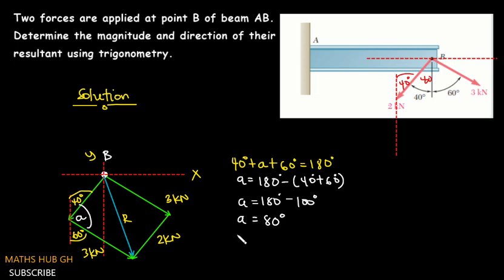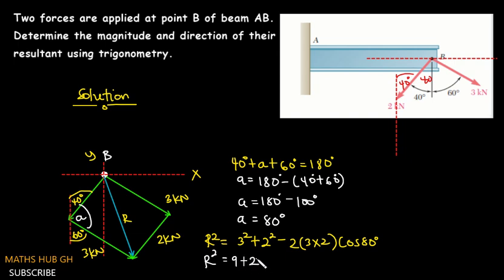From the cosine rule, the resultant force R squared will be equal to the square of the 3 kilonewton plus the square of the 2 kilonewton minus 2 multiplying 3 times 2 multiplying cosine of the angle opposite the resultant force, that's cosine of 80 degrees. So we're going to simplify this to get the value of the resultant force. 3 squared will give us a value of 9, and then 2 squared will give us 4.